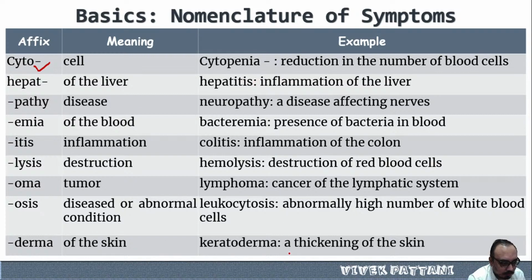The affix cyto indicates cell, and cytopenia means the reduction of the blood cells. Next affix is hepat.